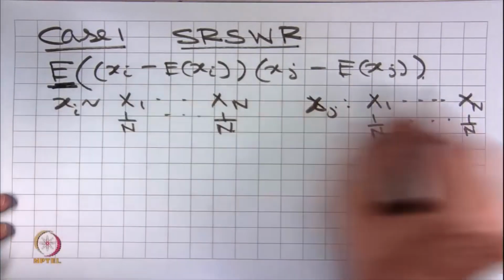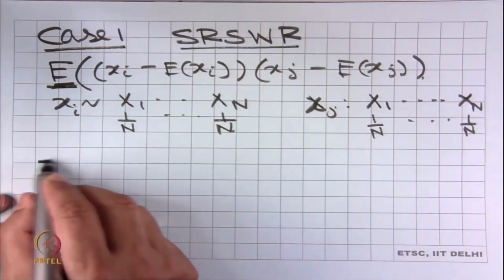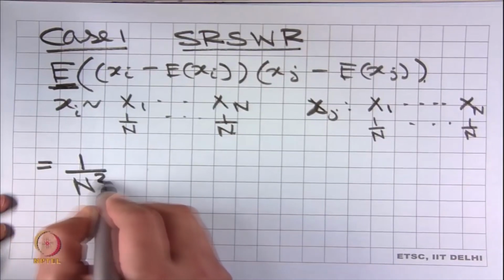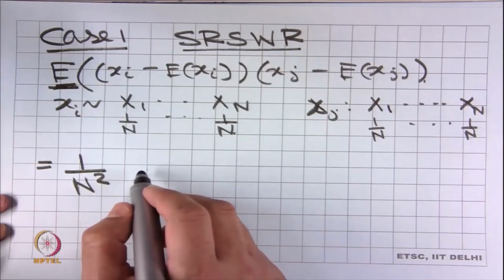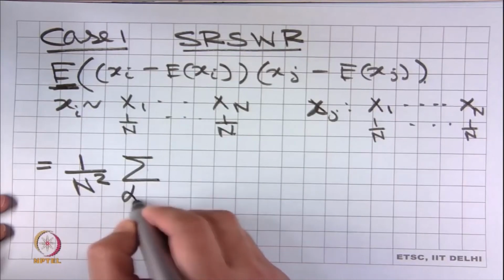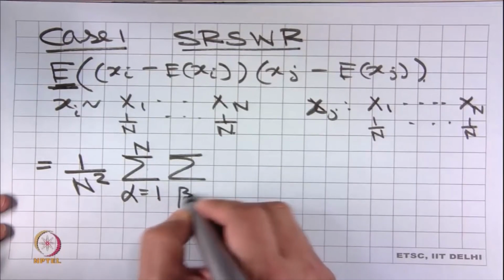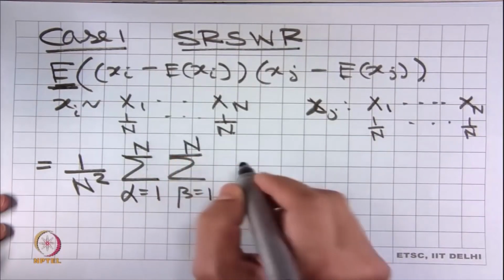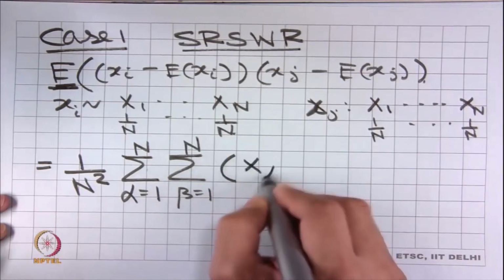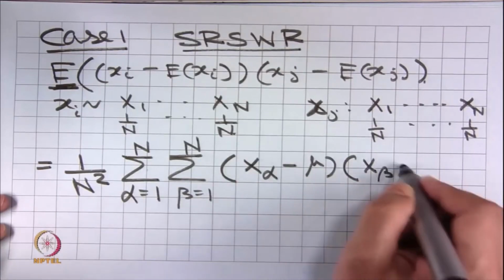Therefore, this expected value that we need for computing the covariance is actually 1 upon n square into sigma alpha equal to 1 to n, sigma beta equal to 1 to n, into x alpha minus mu, x beta minus mu.